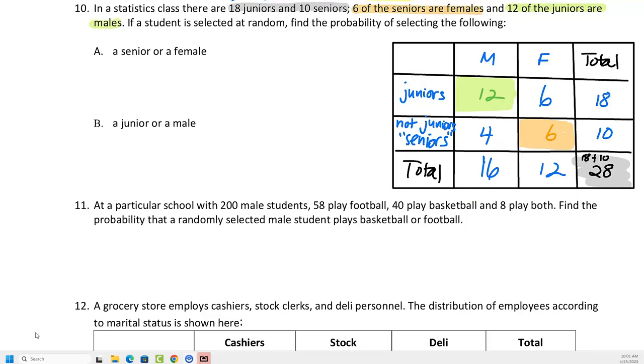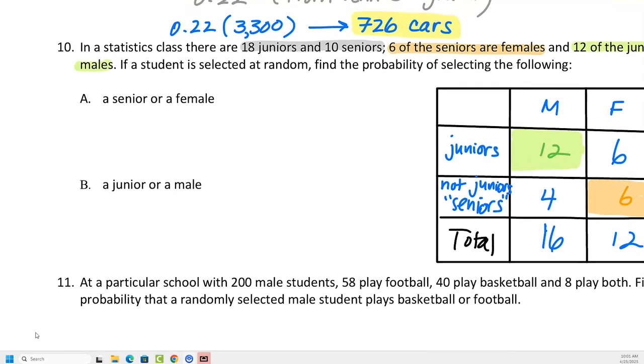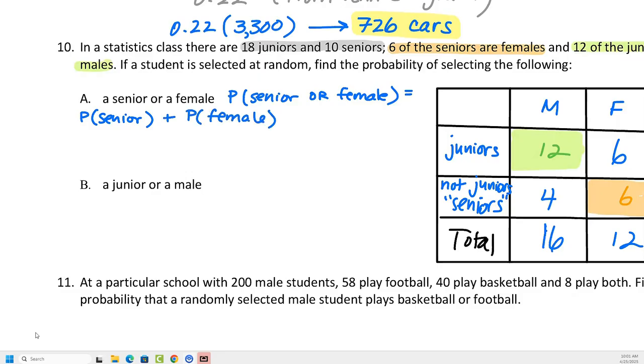Okay, so what is the probability that you have a senior or a female? So the probability of senior or female. Well, isn't this going to be equal to the probability of a senior plus the probability of a female minus the probability of a senior and a female?